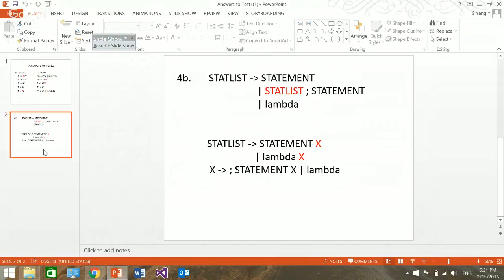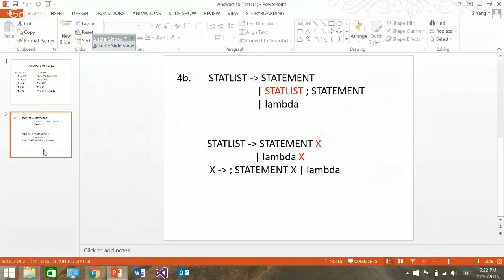Left recursion. Okay, so again, what do we do? We take it and move it, and we call it X. So if you take the statement list that was here and move it to the end, you have a semicolon, statement, and then X, lambda. And then everything else just gets an X at the end. So statement X, lambda.